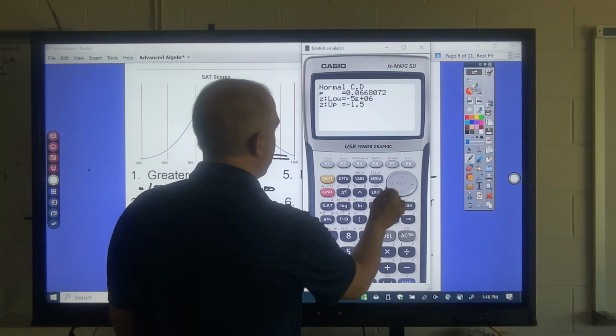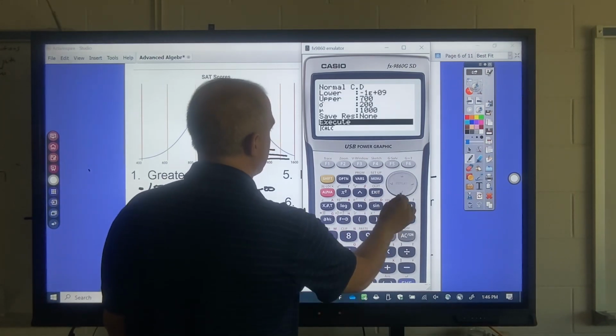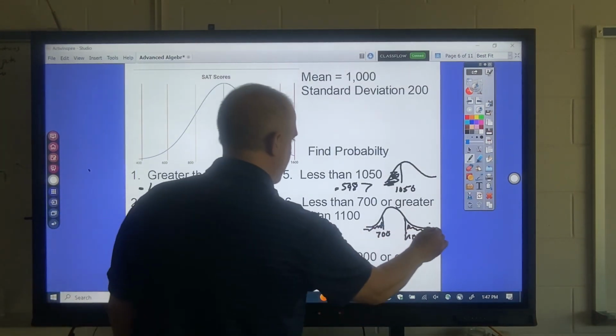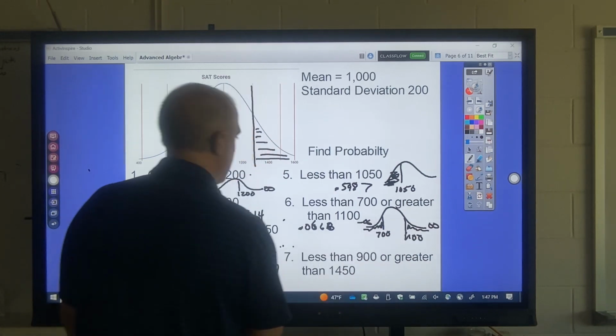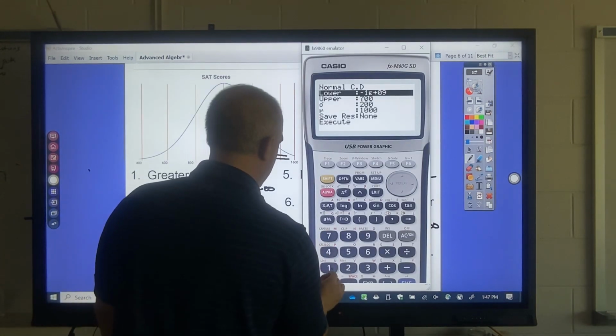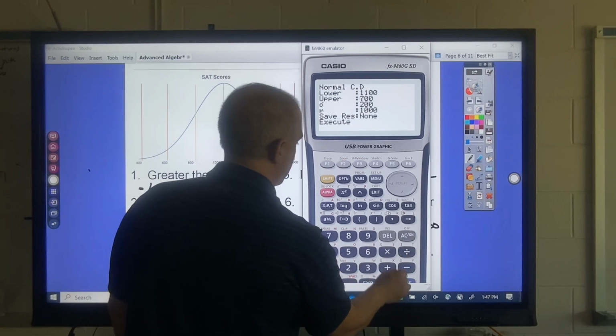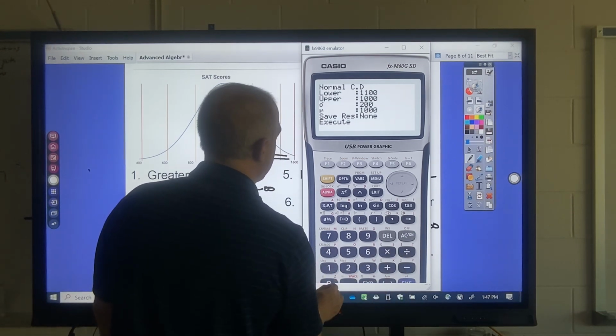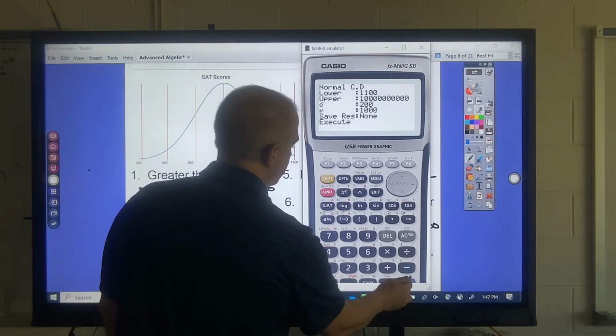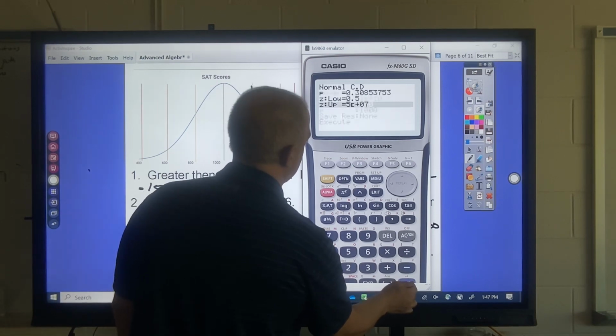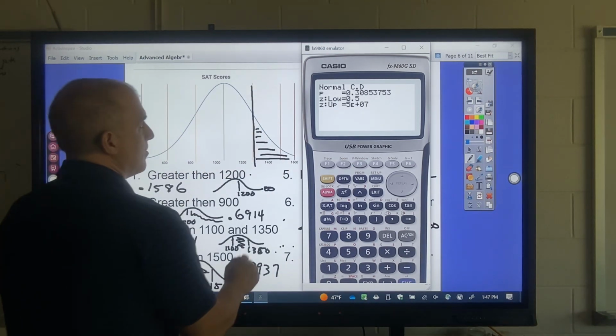Now the other way, my low would be 1,100, and that would be infinity. So 1,100 would be the low one, and then I'd put a bunch of zeros in there. You can use 9s. Just put a really big number. That's 0.3085.